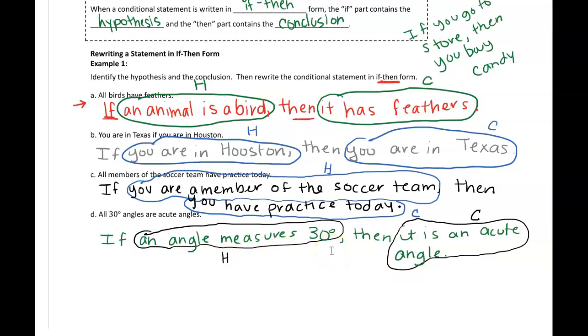Okay, and your hypothesis is an angle measures 30 degrees, and your conclusion is an acute angle. Now, if you wrote these slightly different, like if you said if an angle is 30 degrees, then it is an acute angle, that's fine too. It doesn't have to be exact word for word, but something close to this structure.